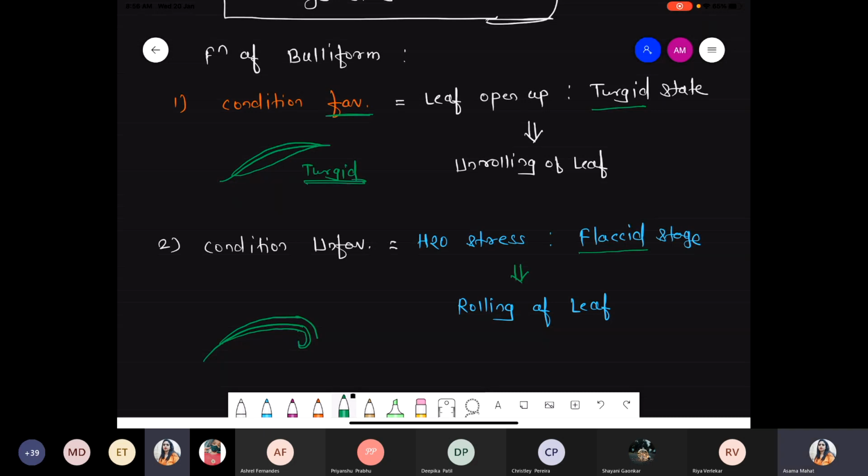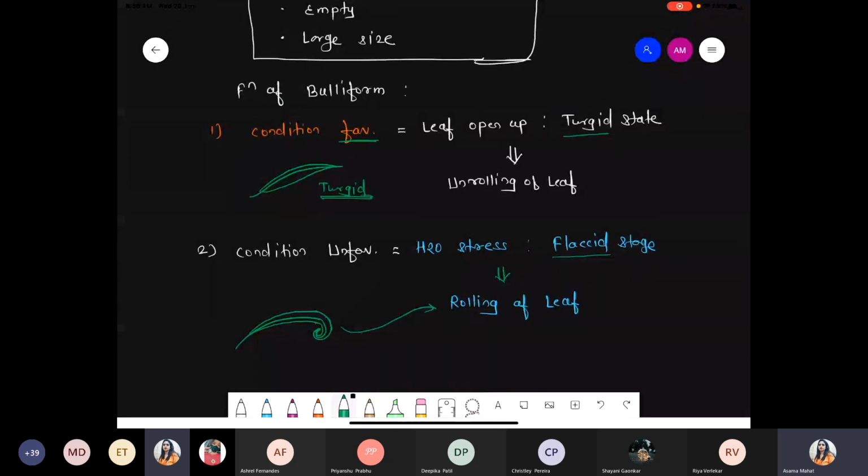Like this. Such a process is called a rolling process. So the simple function of bulliform cells is that they show rolling as well as unrolling depending upon the environmental condition. Just check last year's questions, you will get one question.